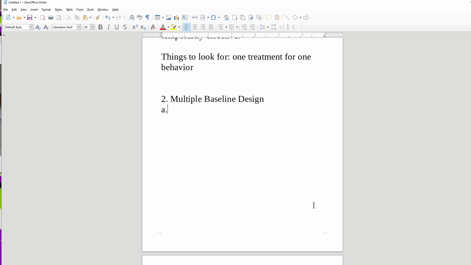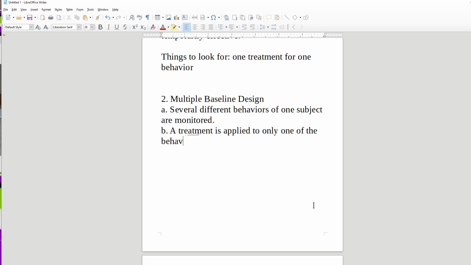So step one when you're doing the multiple baseline design is that several different behaviors of one subject are monitored. So you've got several different dependent variables. B, a treatment is applied to only one of the behaviors you're measuring.